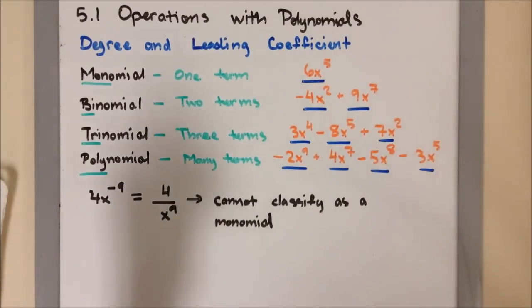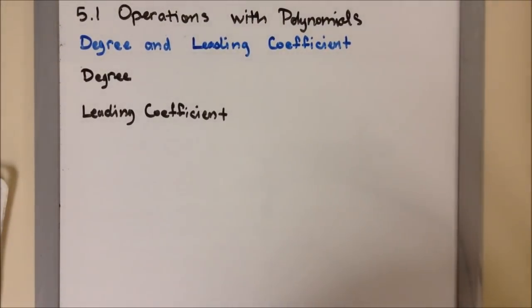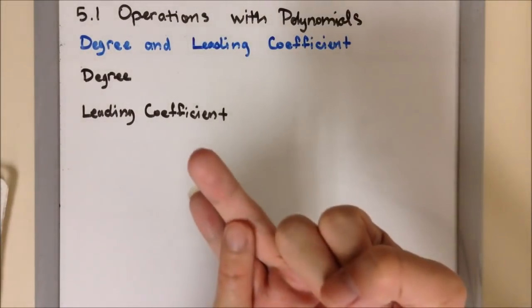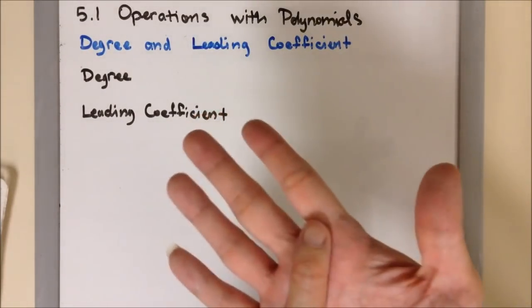Next, we're going to focus on identifying degree and leading coefficient. Alright, so degree and leading coefficient. Now it ties into what I was describing earlier, monomial, binomial, trinomial, and polynomial.